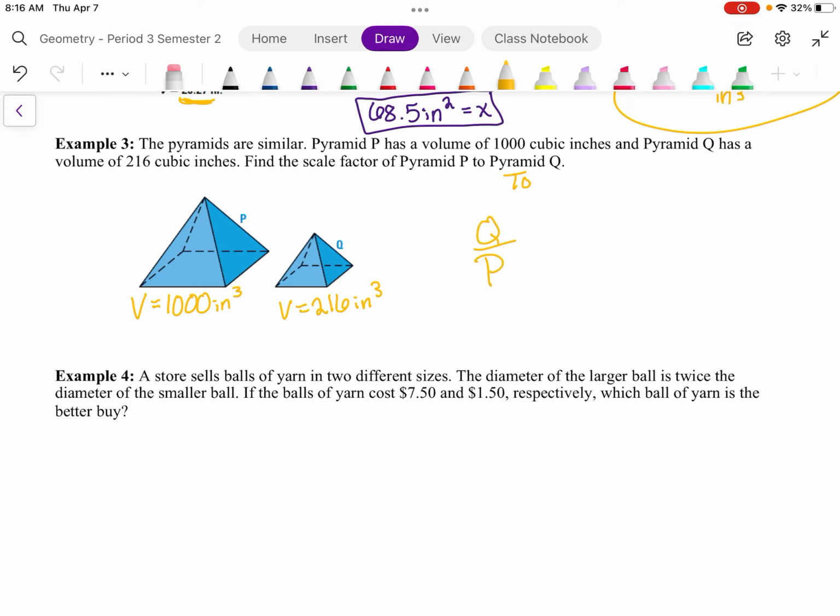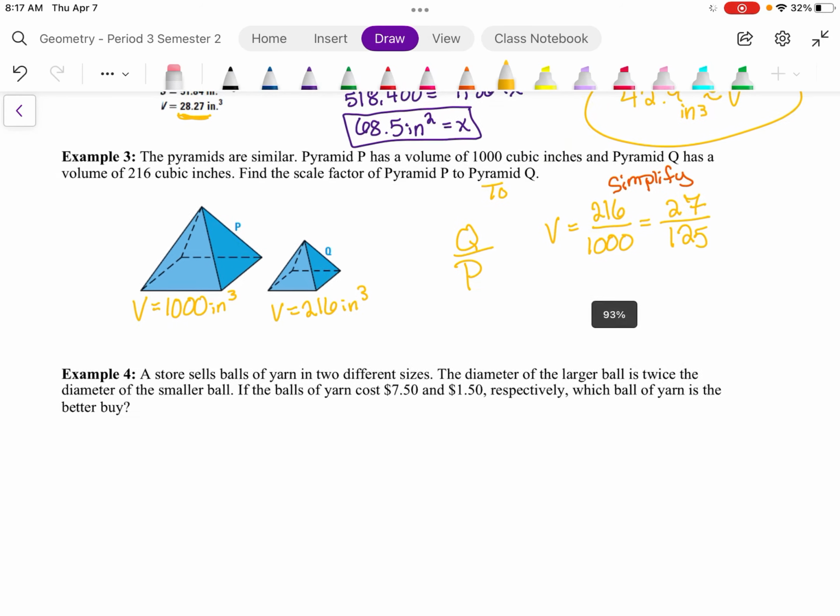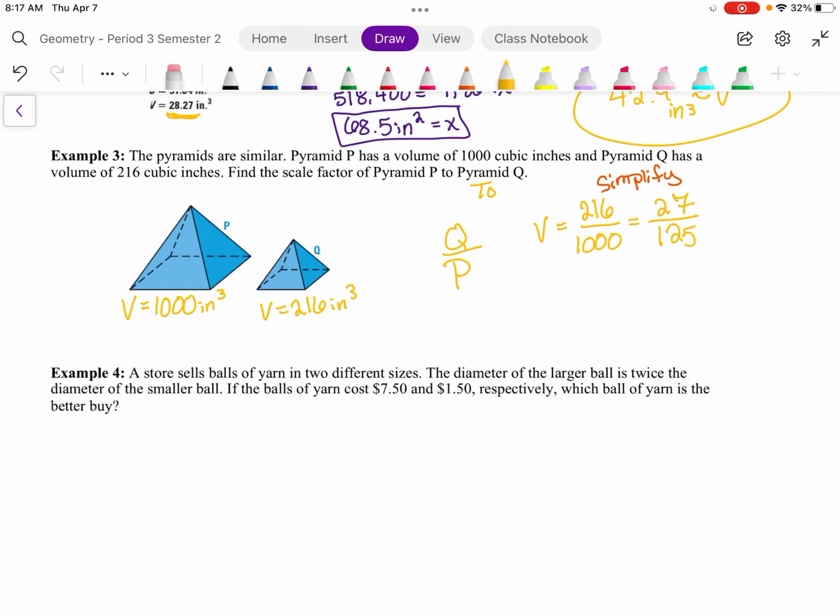And if we simplify that fraction, we are going to get 27 over 125. So now we have the volume ratio. So we know the volume ratio. We need to get the scale factor.